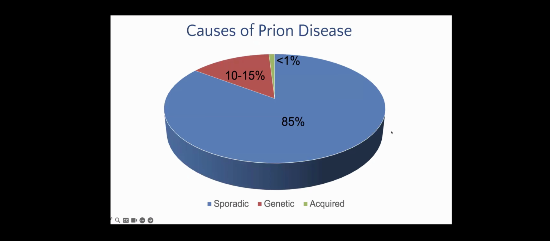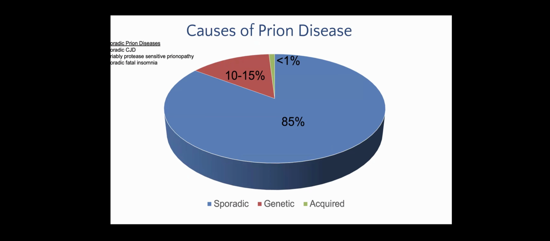The vast majority of prion diseases occur in that sporadic fashion. That's 85%. Again, we think it's just a spontaneous change in the normal prion protein, just changes its shape. And we have a couple of named sporadic prion diseases. To be honest, these specific names aren't so important as long as we just know that they're all sporadic.